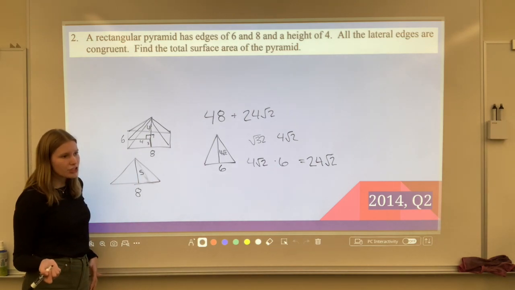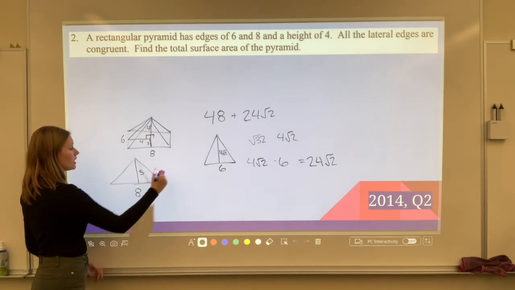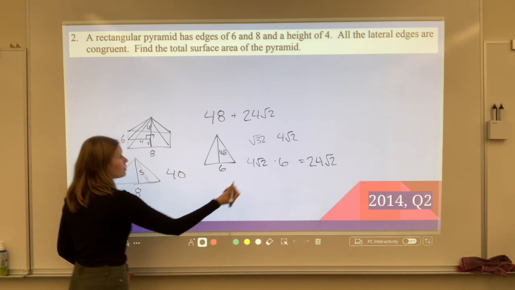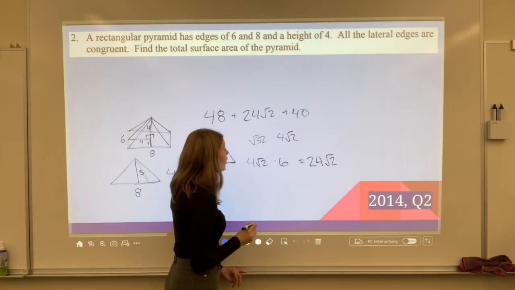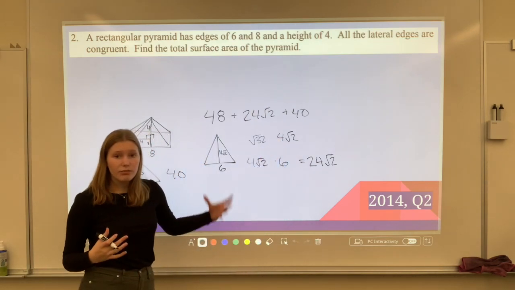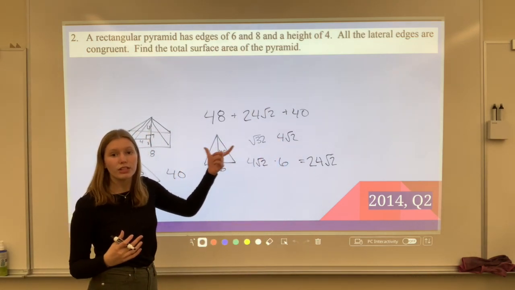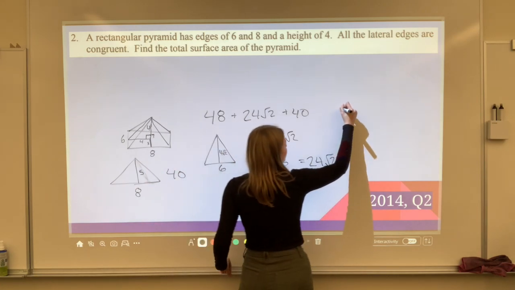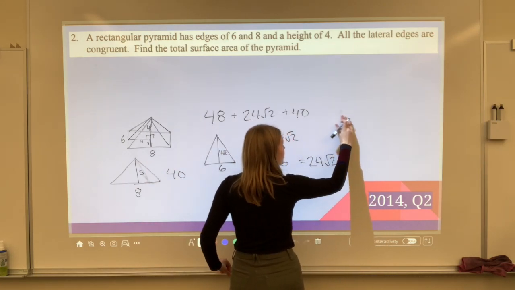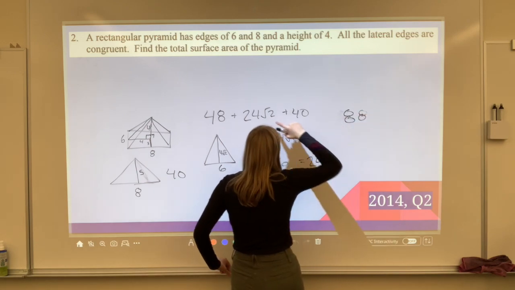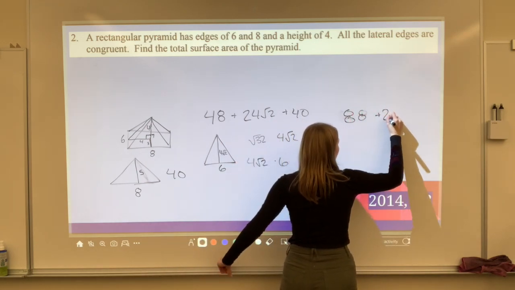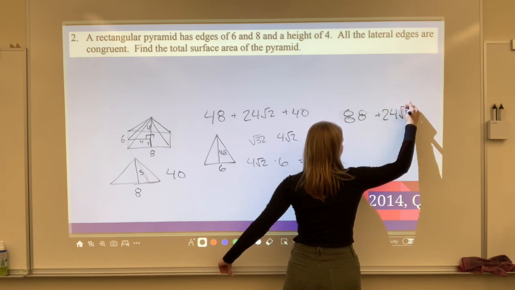Instead of dividing it by 2 and then multiplying it by 2, we're just going to leave it at 40. So I'm going to add 40 up here. You can leave it in radical form, but it has to be fully simplified. So we're going to say that 40 plus 48, since you can add those together, is 88 plus 24 times the square root of 2.